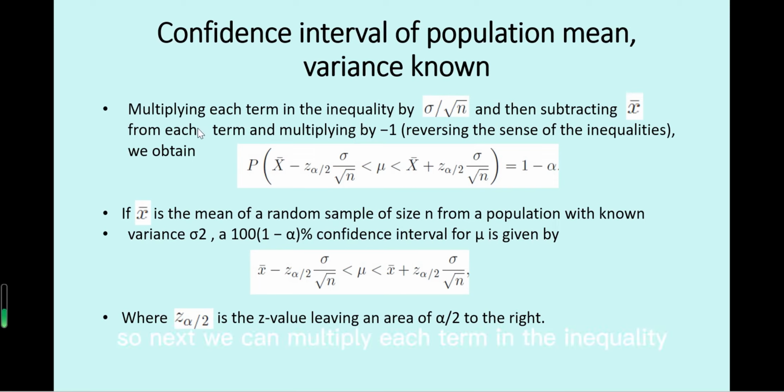Next we can multiply each term in the inequality by this term, and after some mathematical manipulation we get this form: the population mean, which we want to estimate, is between x bar minus this term and x bar plus this term, with probability 1 minus alpha.